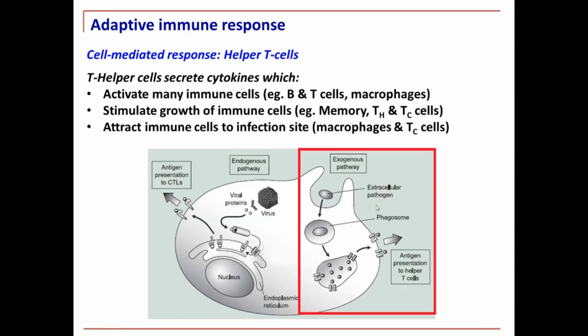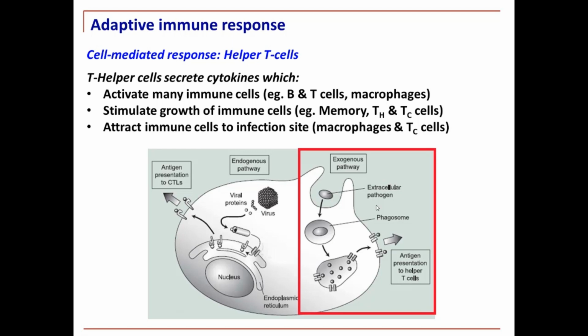And so what happens now? The T helper cells are being stimulated because of this B cell binding, and they secrete a variety of things. They secrete cytokines, which can activate many aspects of the immune system. They can activate your B and T cells, and they can activate your macrophages. They stimulate the growth of immune cells, such as your memory T helper and cytotoxic T cells.